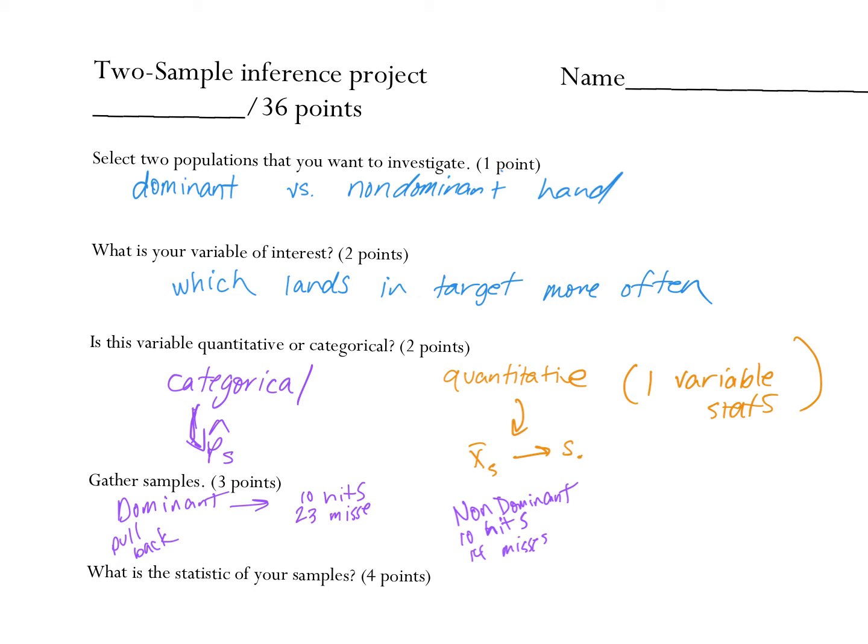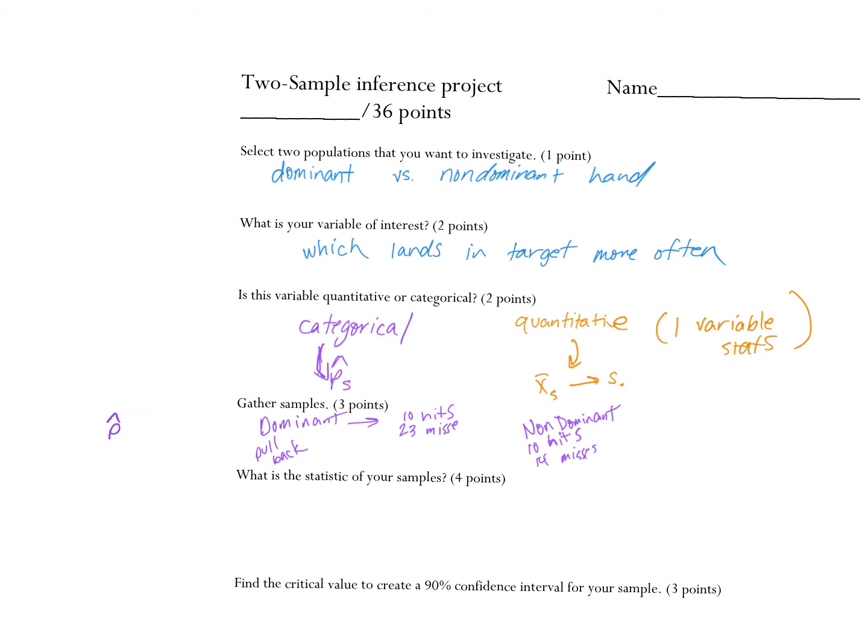Okay, so if, for your P hats, if you're doing something with P hats, you need at least 10 successes and 10 failures for each group, for each sample. Do I have at least 10 successes and 10 failures for the dominant hand? At least 10 successes and 10 failures for the non-dominant hand. You guys with me now?